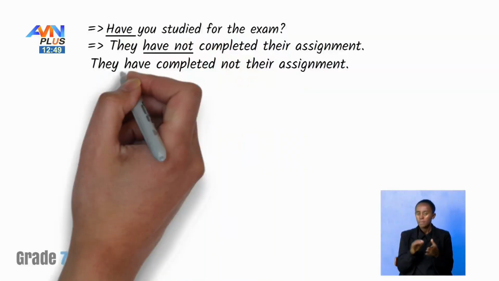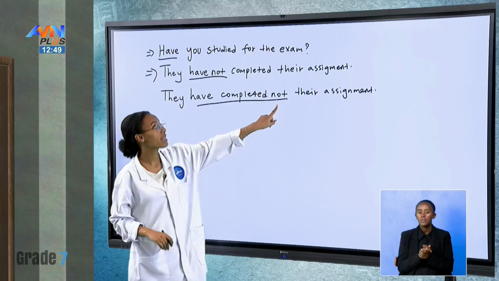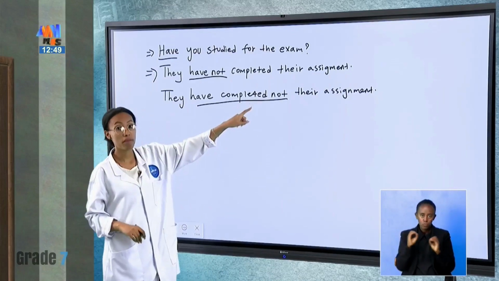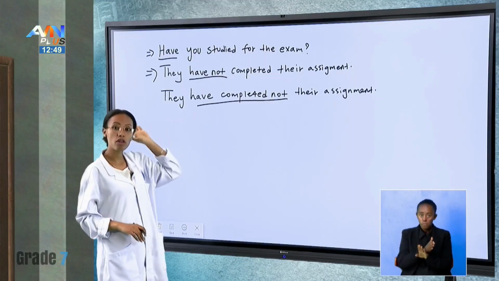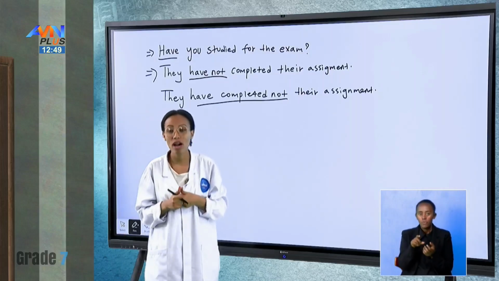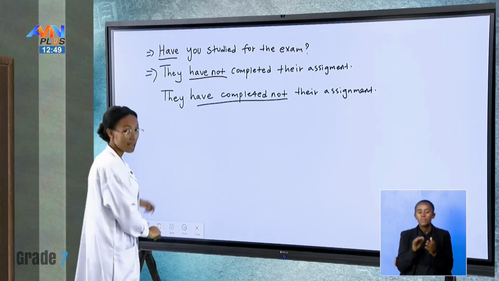The negative indicator "not" does not come after your main verb. It comes before your main verb, between your auxiliary verb and your main verb. And this is how you form questions and also negative ideas in the present perfect form.